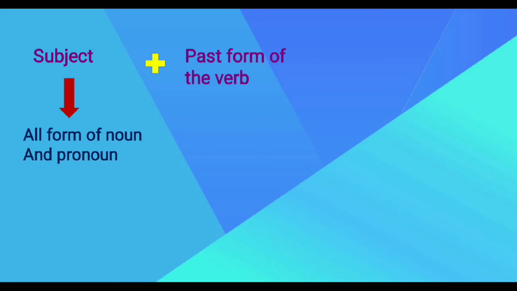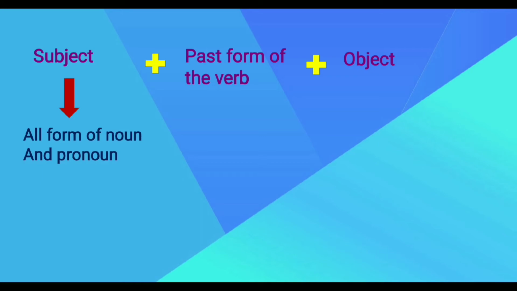As we learnt so many past forms of the verb in our lesson of the simple past tense. If you remember, if there is go, then we'll write went. What is the past tense of go? Went. So we'll write here went as the past form of the verb. So we write the verb in a past form and then the object part of the sentence.